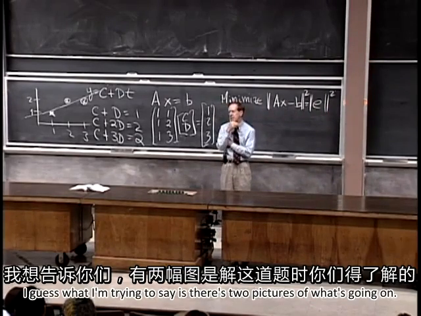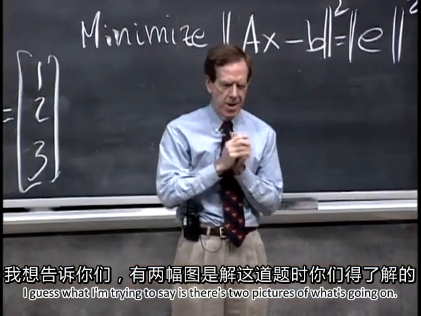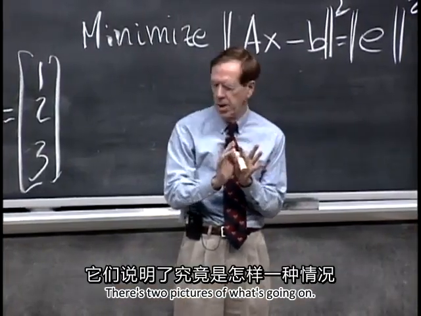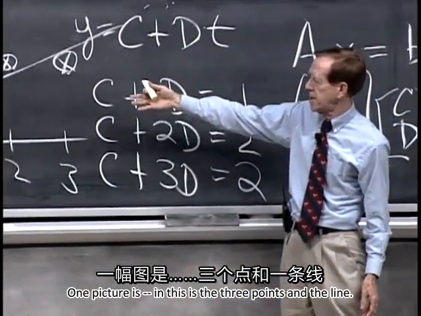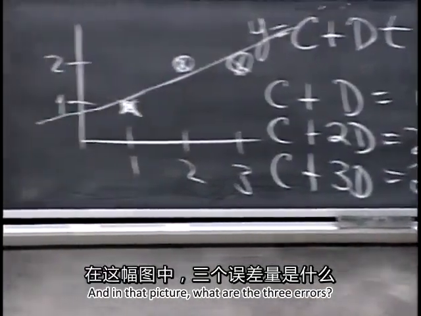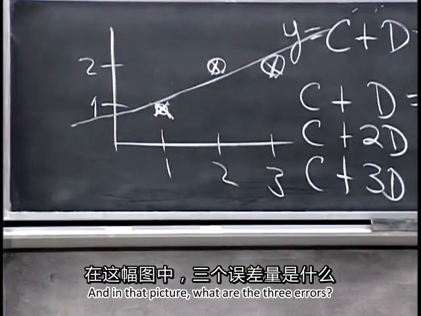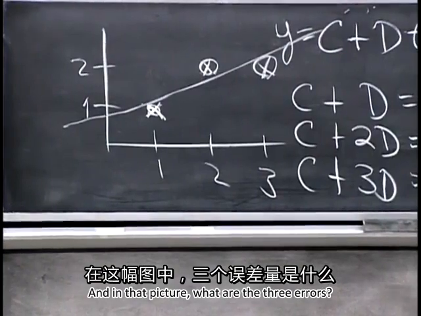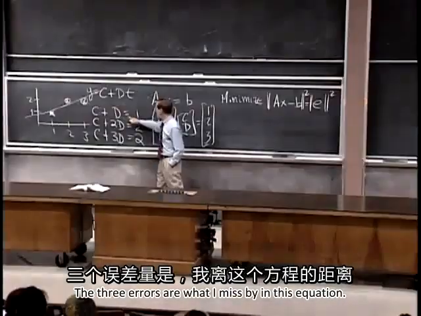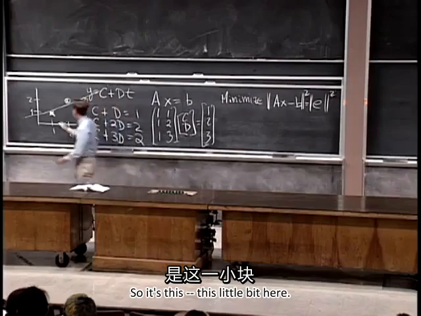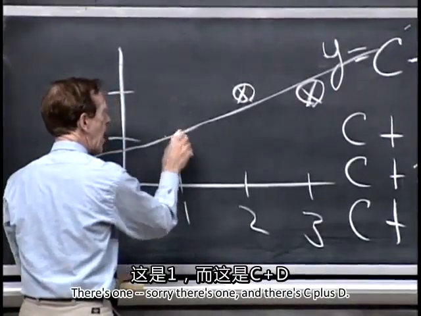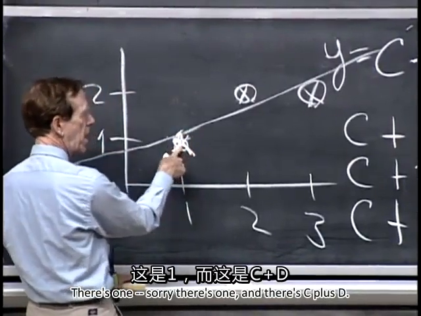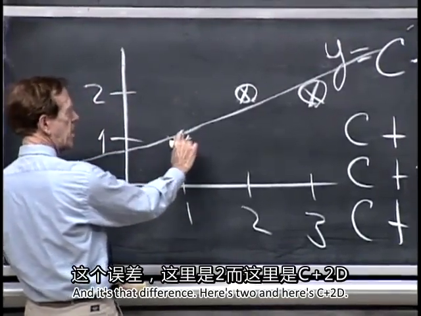I guess what I'm trying to say is there are two pictures of what's going on. One picture is the 3 points and the line. And in that picture, what are the three errors? The three errors are what I miss by in this equation. So it's this little bit here, that vertical distance up to the line. There's 1, and there's C plus D, and it's that difference.